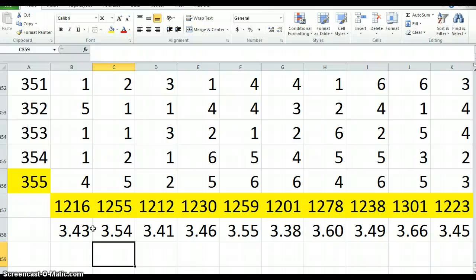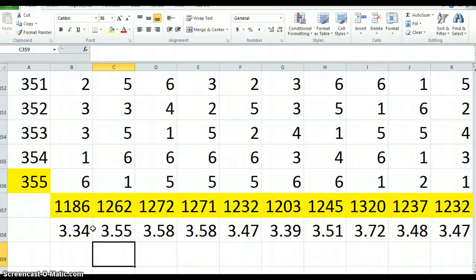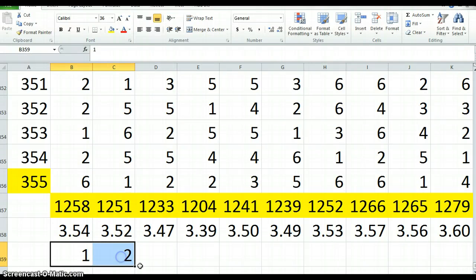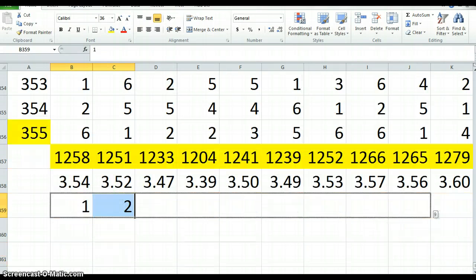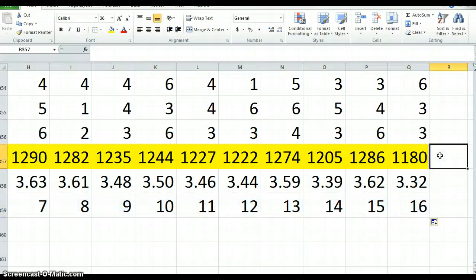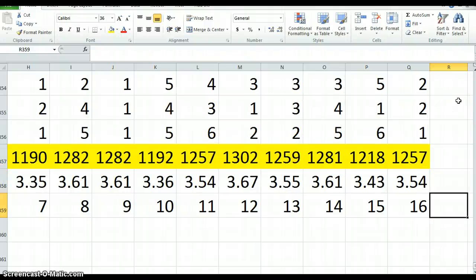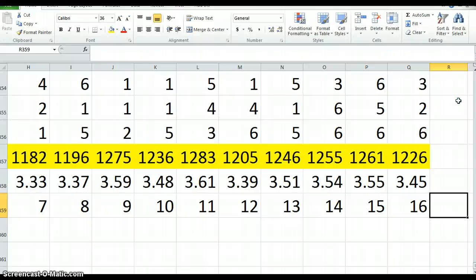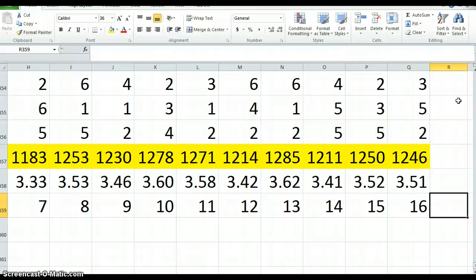So I'm throwing one die, two dice, whatever, 355 times, and then I'm doing it once, twice, however many times along here. Let's have a look. 16 times along there. So I could actually sum that and find the average of the whole lot, yeah? I won't bother at the minute. Can you see the different numbers? It's changing all the time, yeah?